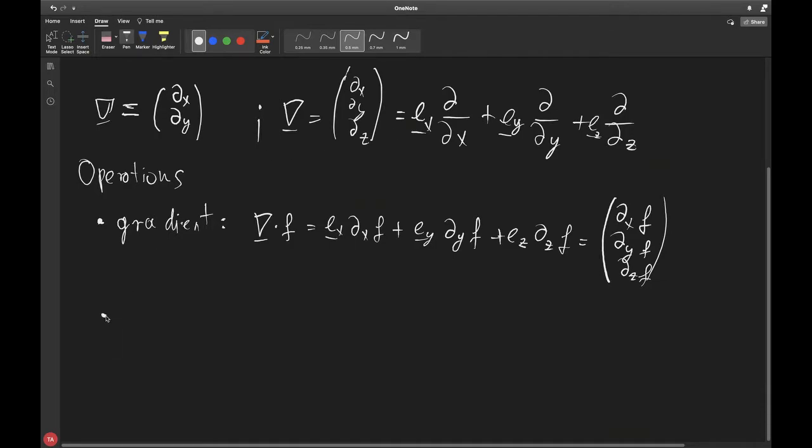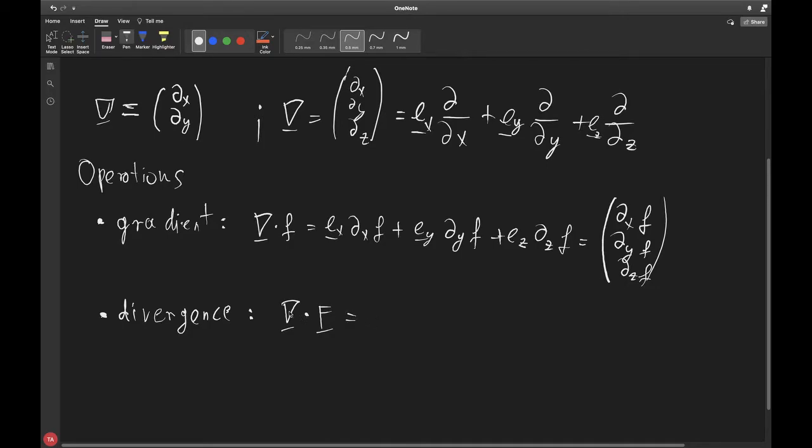You can also apply nabla to a vector field, which is going to lead to two things. We have now two vectors, so we can do a dot product and a cross product of them. If we use the dot product, that's called the divergence. In the divergence, we have the nabla vector dot producted with, let's just call it uppercase F, our vector field.